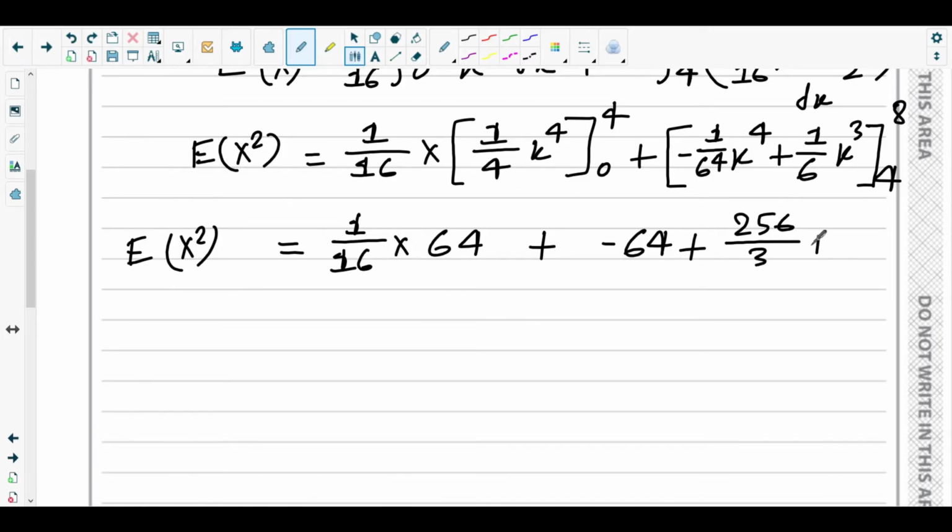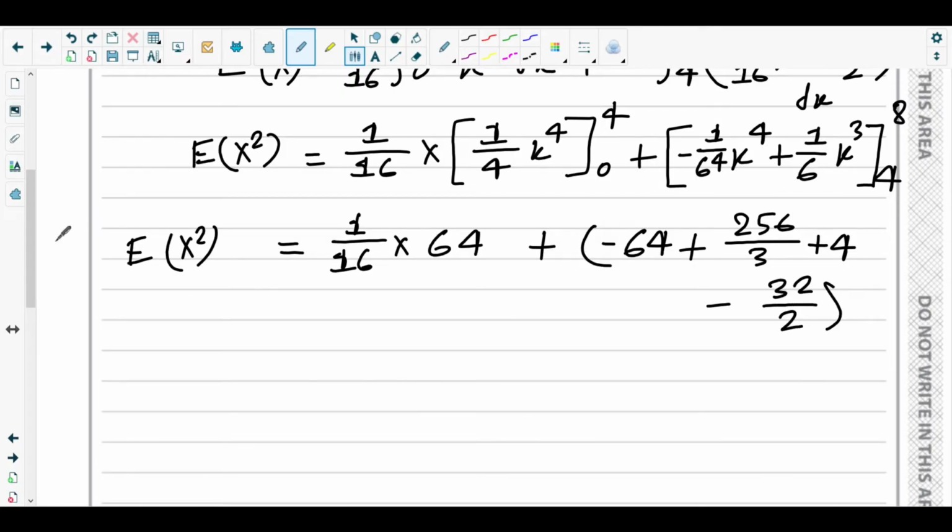Then plus 4 to the power 4 over 4 cube, that means only 4. And then minus 4 cube is 64 over 6, which is 32 over 3.